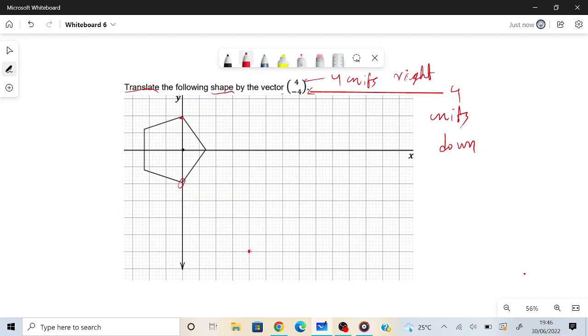Now let's have a look at this corner here. So 4 units to the right, 1, 2, 3, 4. 4 units down, 1, 2, 3, 4. So somewhere there. Now let's take this one again, 4 units. Now as you can see, it's not exactly at a point, so we might have to do a little estimate here. So let's say this is 1, this is 2, this is 3, this is 4, and then this is 1 down, 2 down, 3 down, 4 down, somewhere there.